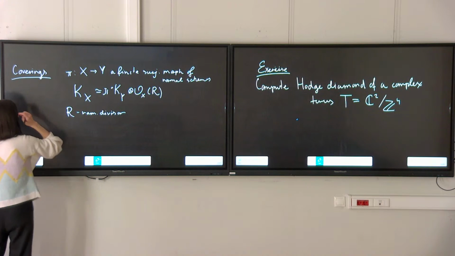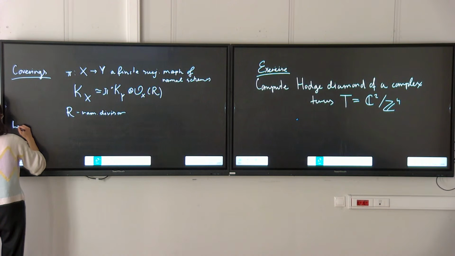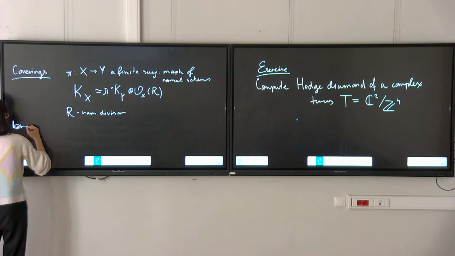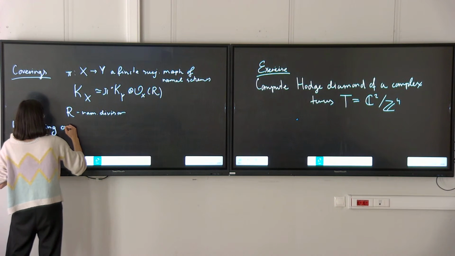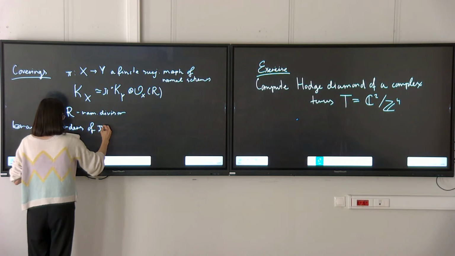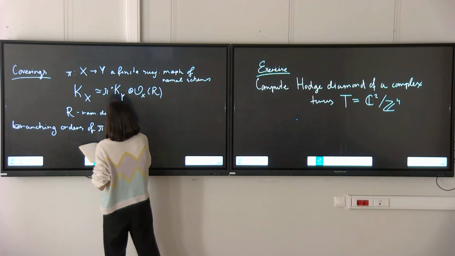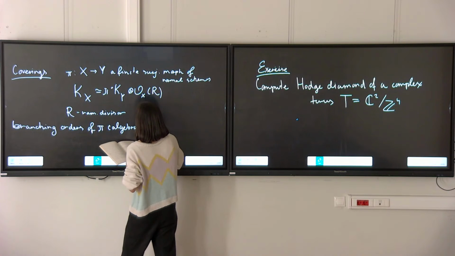And so now let me define branching orders of pi, and I will define it algebraically, for schemes.